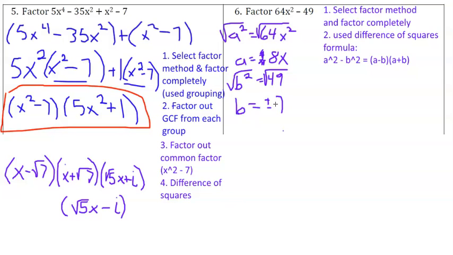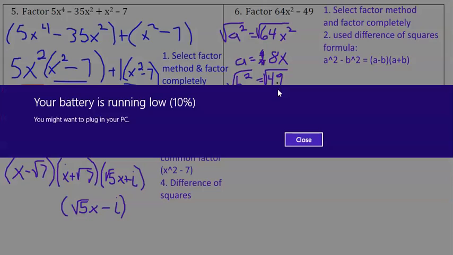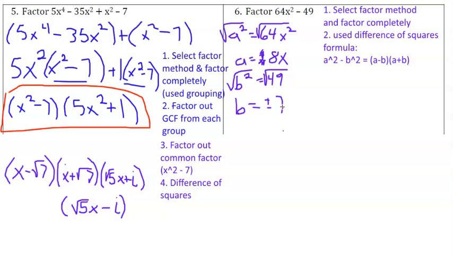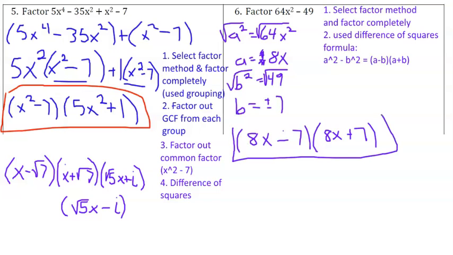This one does have a plus or minus sign since we only took the square root of a constant. So from there we'll plug it into the formula. So we have a minus b, so that'd be 8x minus 7, and then we have a plus b, 8x plus 7. And that is our factored form.